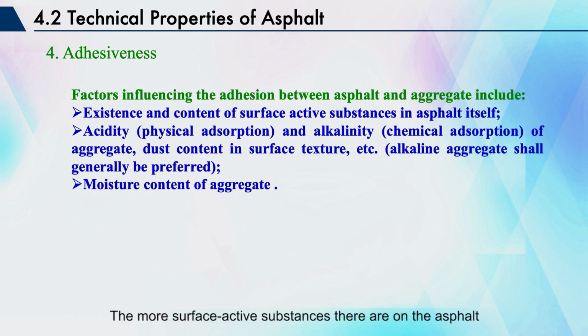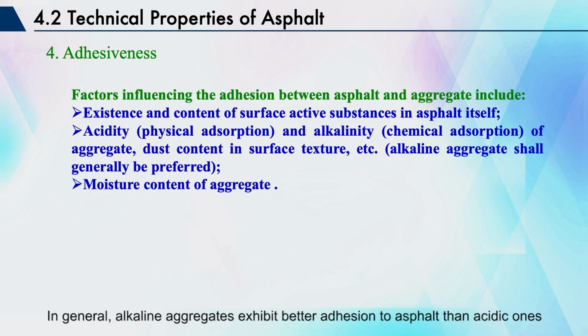The more surface active substances there are on the asphalt, the poorer its adhesion to aggregates becomes. Adhesion is influenced by factors such as the acidity and alkalinity of the aggregates, the surface texture of the aggregates, and the amount of dust present in the aggregates.